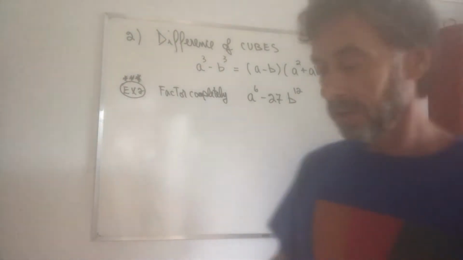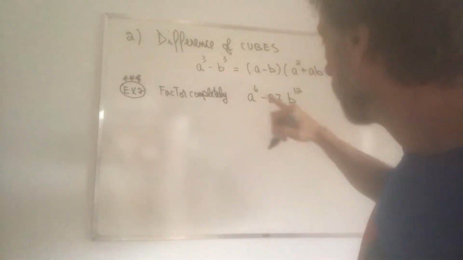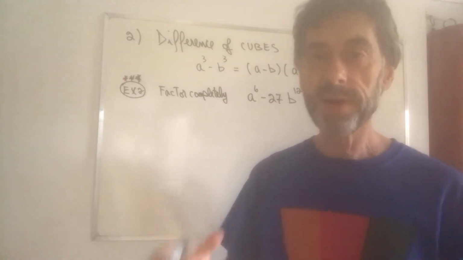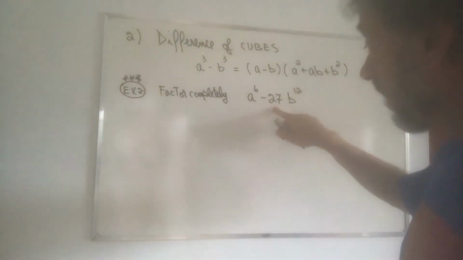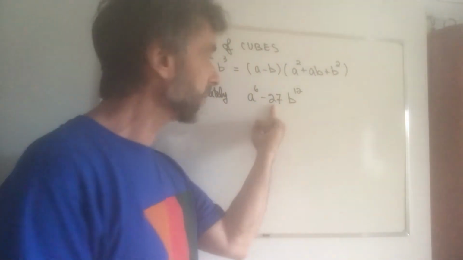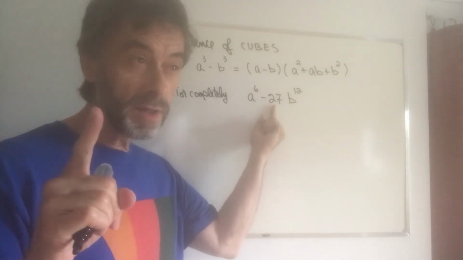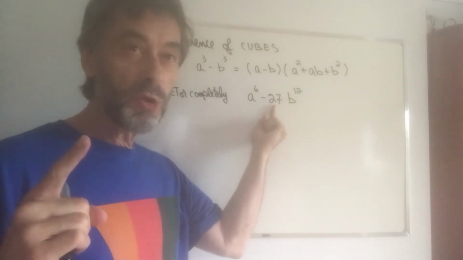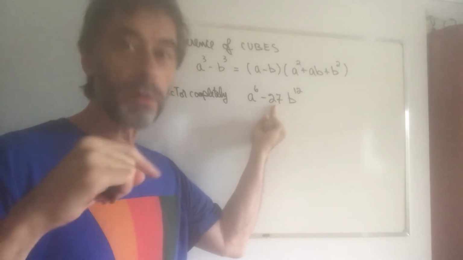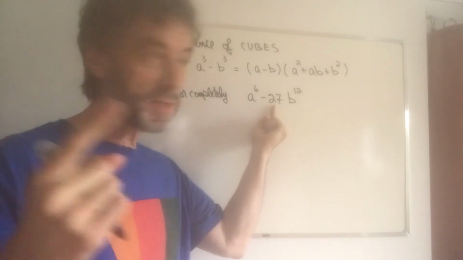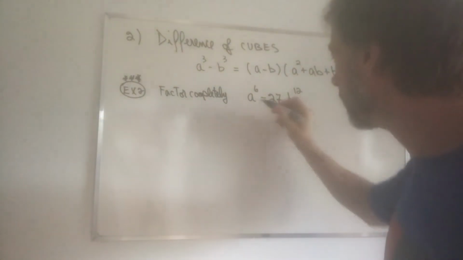So the challenge here is always the same thing. Can I write these guys as either a sum or difference of squares or a difference of cubes? There will never be a difference of squares because 27 is not the square of anything, but it's the cube of something. What is 27 the cube of? What number raised to the power of 3 is going to give me 27? You got it. It's 3.